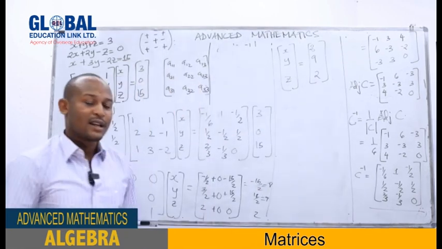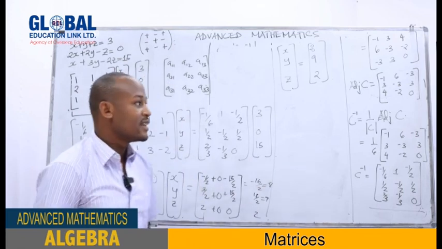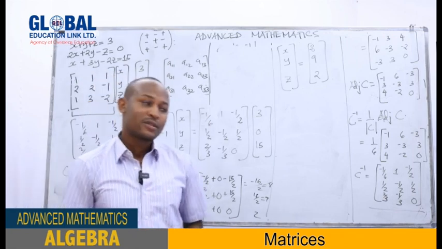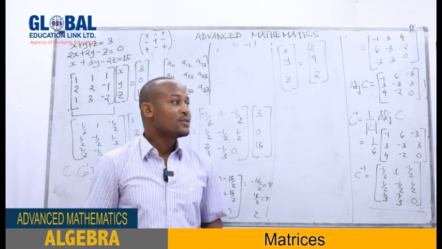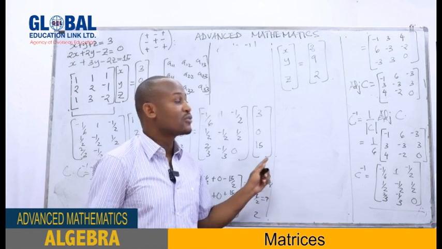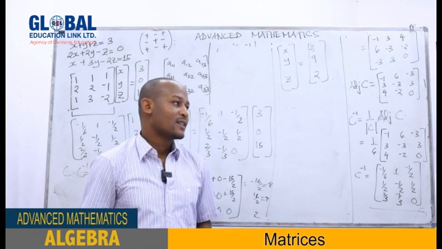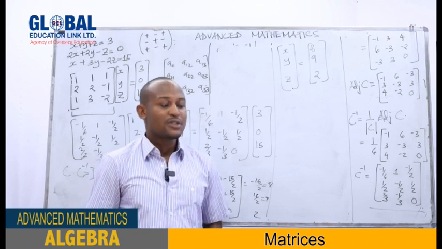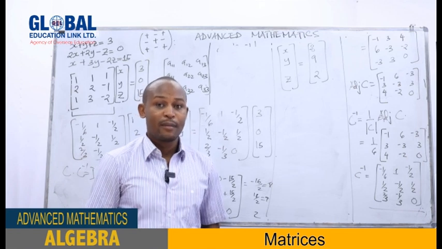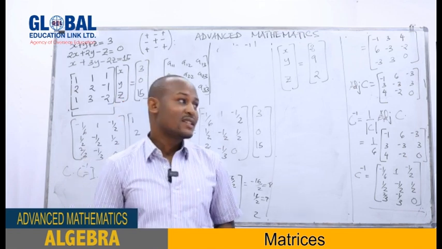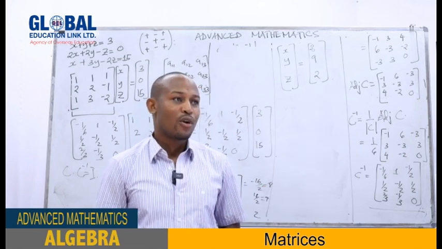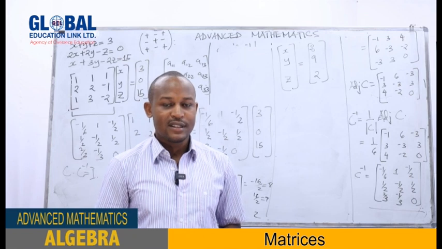So my dear students, this is how you obtain the values of the variables when you are told to find the values of the variables by using the matrix method. Then you have to follow the rules and find the answers. Most of the students do find some challenges when they are answering the matrix questions, and the question just says find the value of the variables, just like that.